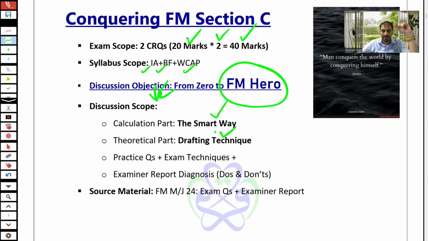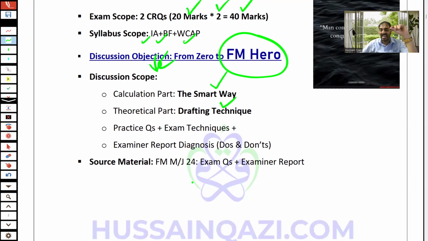I will also provide some analysis, and I will diagnose the examiner report where we will identify some do's and don'ts. The source material is the FM March June 24 exam question and the examiner report.